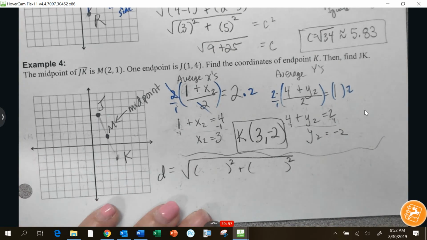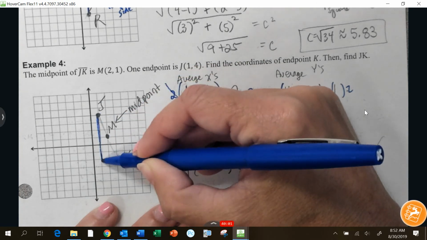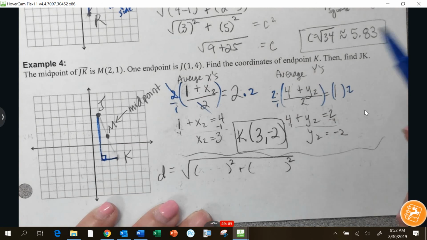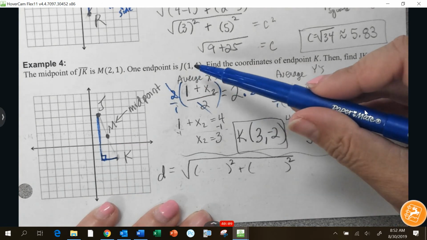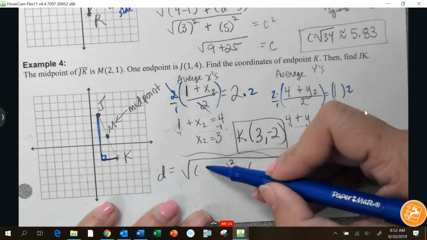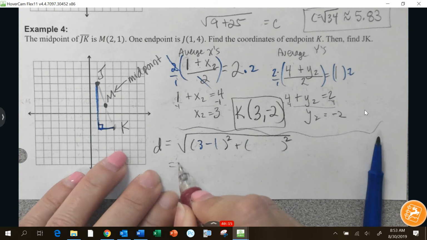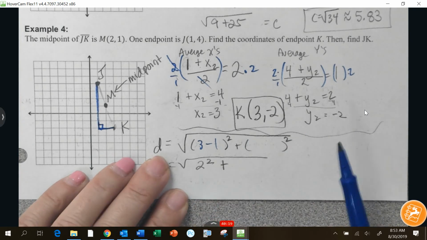So we're going to do this from J to K. You can either subtract on the graph, or you can use the ordered pairs. So if K is 3 and J is 1, what's 3 minus 1? Okay. So we have 2 squared plus, now we look at our y values.